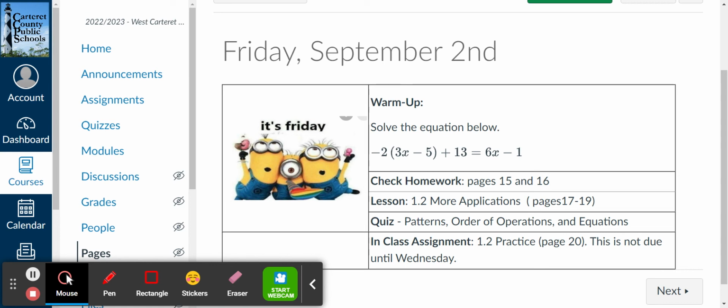Okay. What if I had consecutive odd integers like 7, 9, and 11? Those are 3 odd integers in a row. If the first integer is x, how would I show the second odd integer?